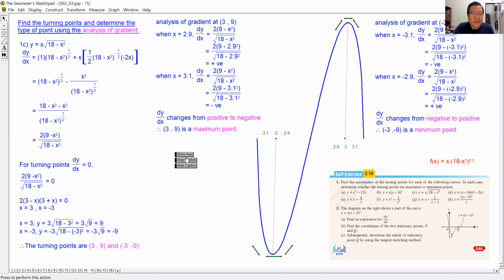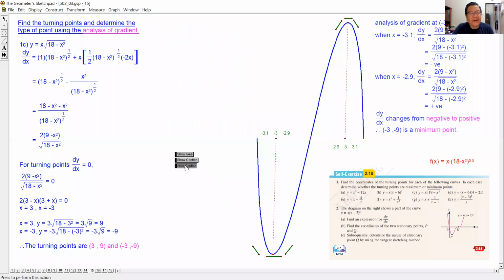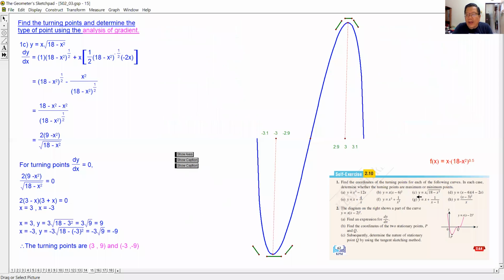Oh, I have to hide the others first. So we look at this question here. Question number 1, exercise 2.10. Now, there are many questions here. Some are very simple polynomials, so you can differentiate them easily.